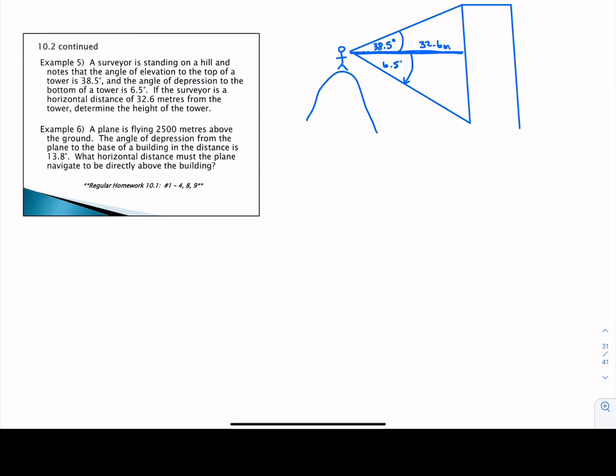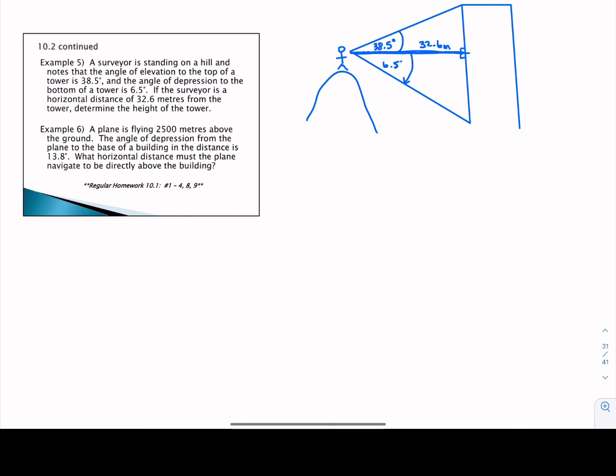Now, I know that if I have a horizontal line and I'm meeting the side of a building, I would hope that that's square. So these would be 90-degree angles here. If I want to determine the whole height of the tower, I have two right triangles that we're going to have to utilize in order to do that. You're not quite ready yet to use other formulas to solve non-right triangles, so we have to use the two right triangles and combine our information.